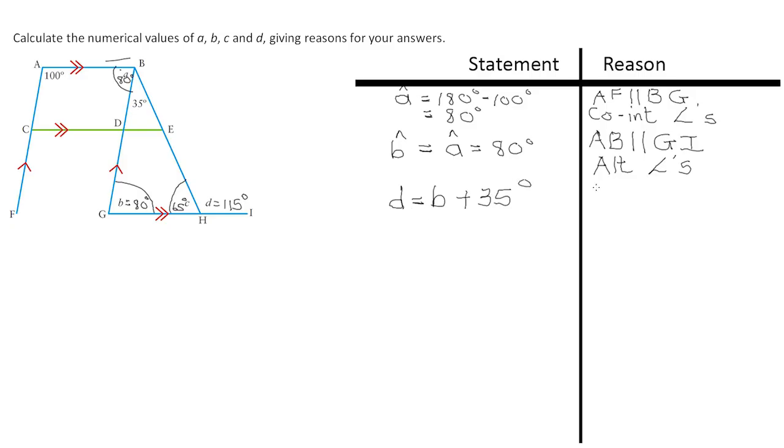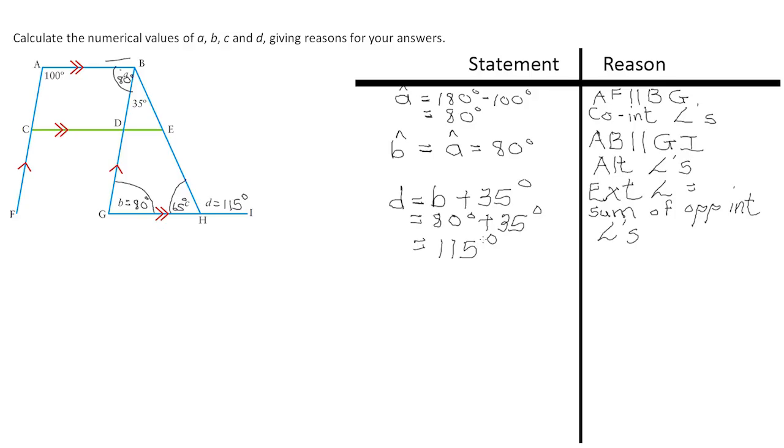Why is that? Exterior angle equals sum of opposite interior angles. Therefore, we substitute the value of B, 80 plus 35, and that is equal to 115 degrees.